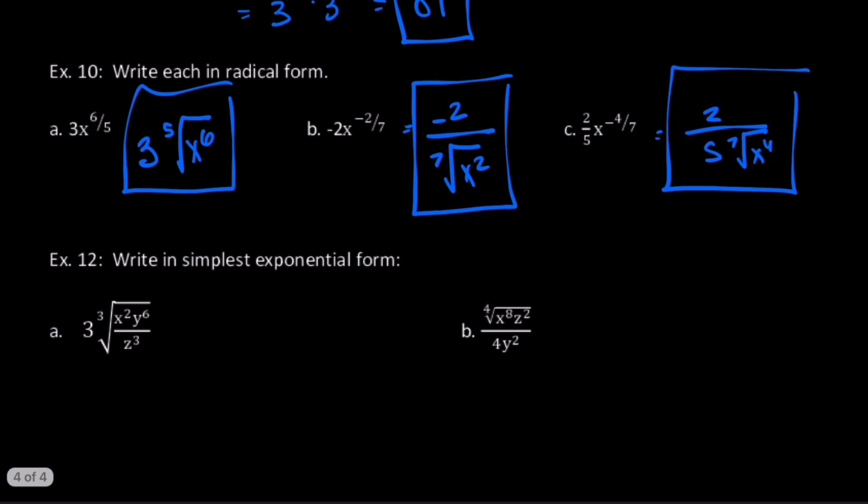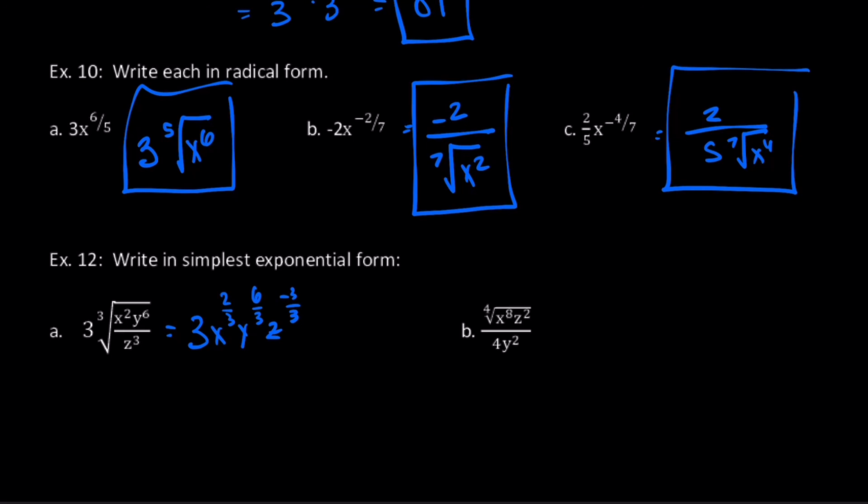And the last couple, write in simplest exponential form. So now I don't want any radical whatsoever. If you notice here, I'm taking the cube root of all of these inside. So this will just go into the exponent as a denominator of 3. And again, I don't try to do too much simplifying up front. So this will just be 3 times x to the 2/3, y to the 6/3, z to the negative 3/3.